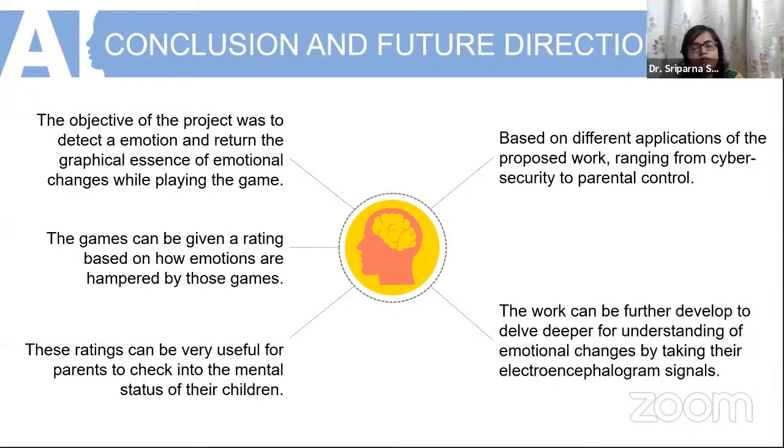For this particular work, what is the future direction we can go? We did this work by taking the frontal facial image of the subject with the frontal camera of the mobile.